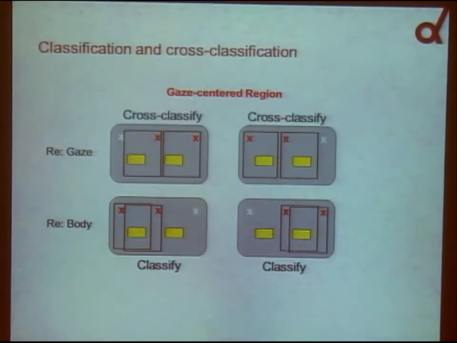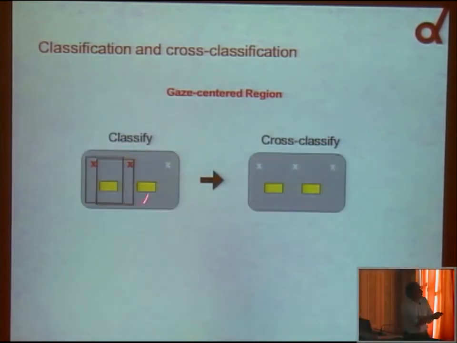Now we can take it one step further. If we have a gaze-centered region and we are able to classify these trials, we should be able to cross-classify these trials. What do I mean by that? Take this situation. In the gaze-centered region, you should be able to classify this, and so you have set up your classifier. If you now replace this trial, with gaze on the center and the block on the left, with the trial in which gaze is on the right and the block is on the right, it's a similar trial in gaze-centered coordinates, so you should be able to classify it with the same classifier.